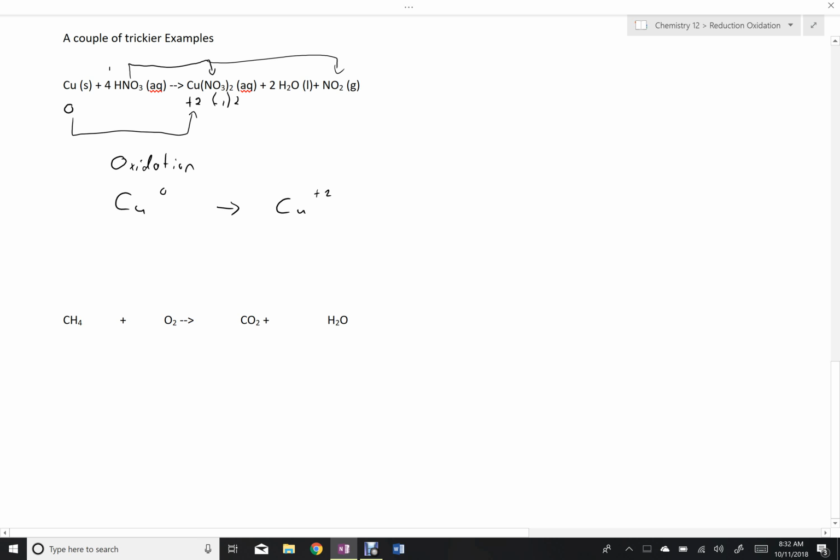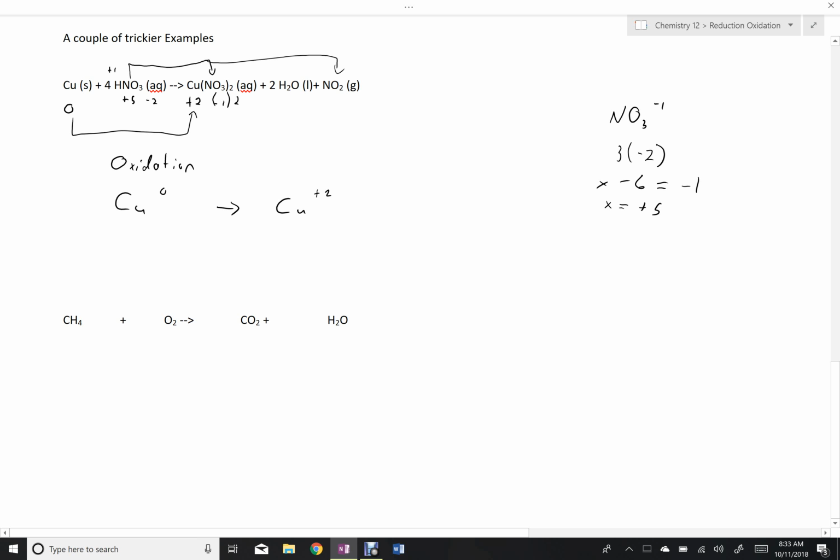Here we have hydrogen, it's a +1 in this situation, and within this nitrate, which has a total charge of -1, the oxygens, 3 of them are at -2, so that's -6, and that's going to work out to be -1, so this nitrogen must be +5.